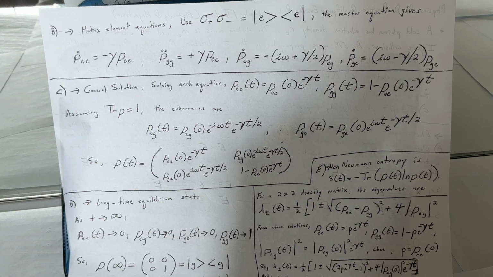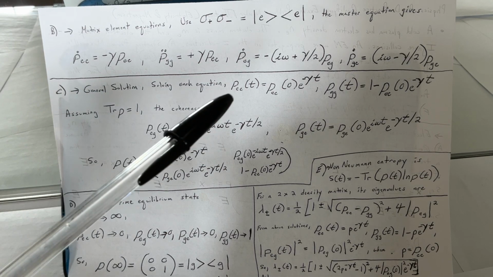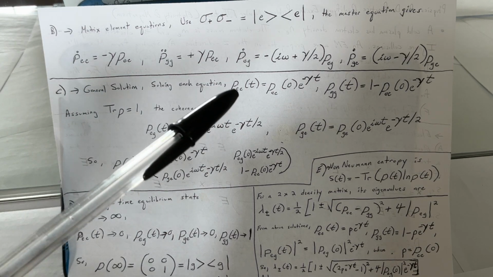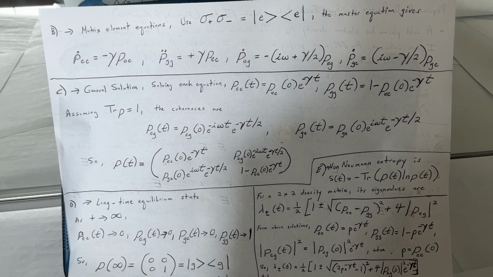Part C, they want us to solve for rho of t assuming arbitrary initial conditions. So for part C, the general solution solving each equation, rho sub EE of t equals rho sub EE of 0, e to the negative gamma t, rho sub GG of t equals 1 minus rho sub EE of 0, e to the negative gamma t.